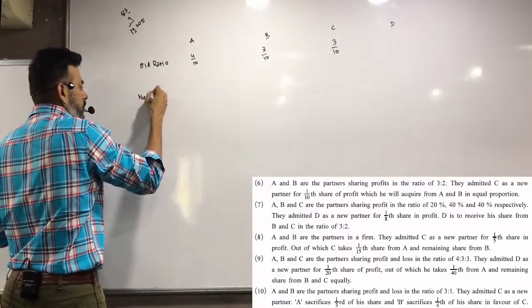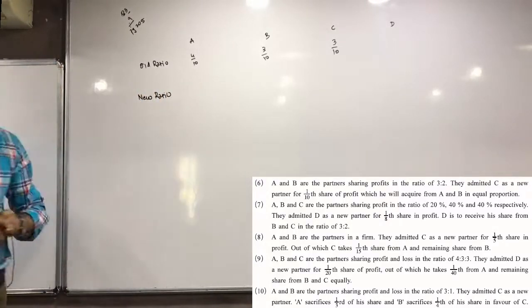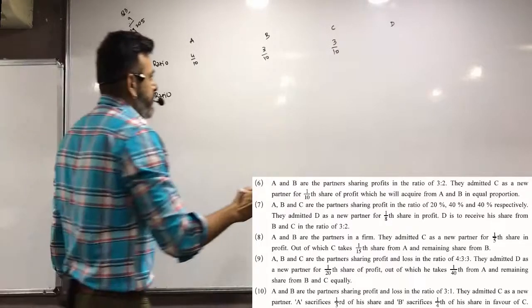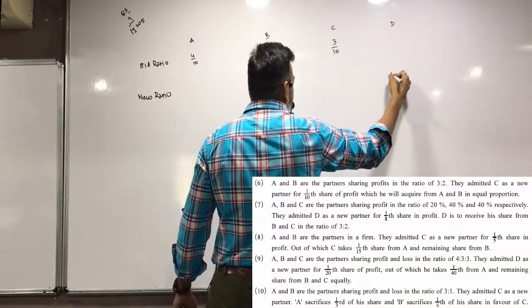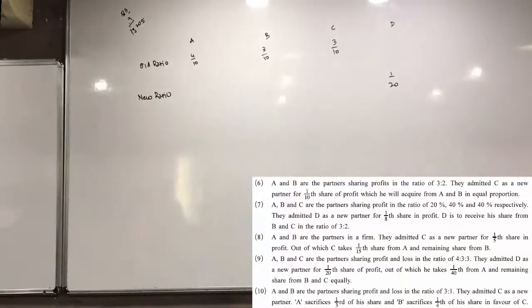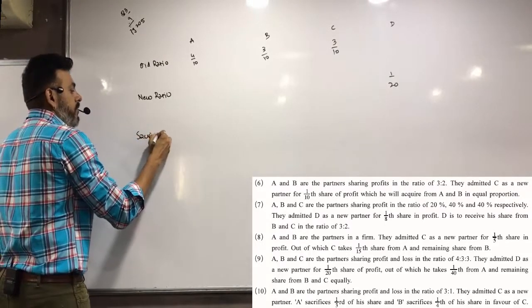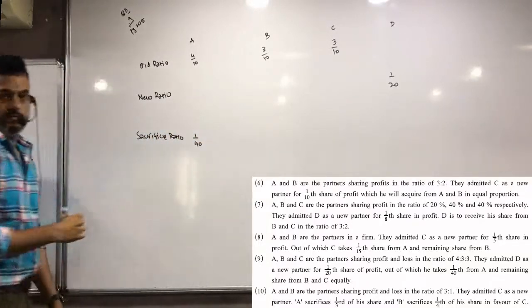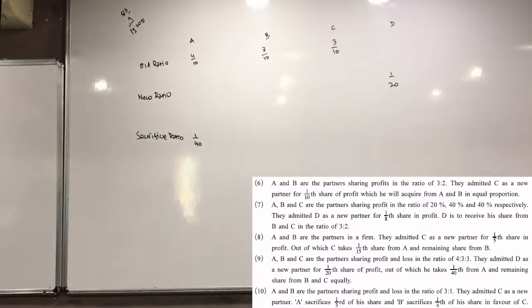New. D gets how much? D gets 1/20th share of profit, out of which he takes 1/40th from A. So sacrifice of A is 1/40th, and remaining share from B and C equally.